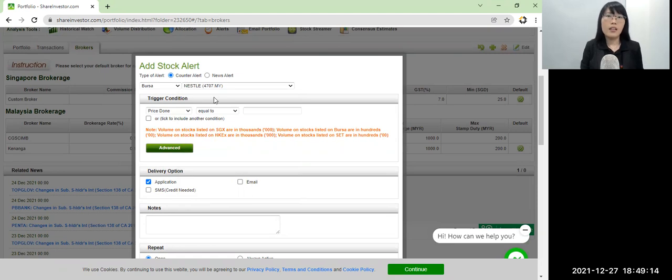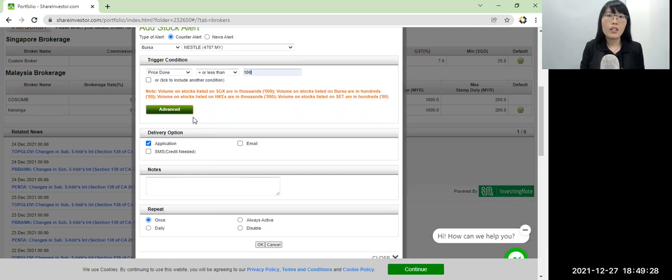For the price, you want it below 100 ringgit, so you can choose less than 100. Then, if you want to be notified by the application, email, or SMS, you can tick on it.